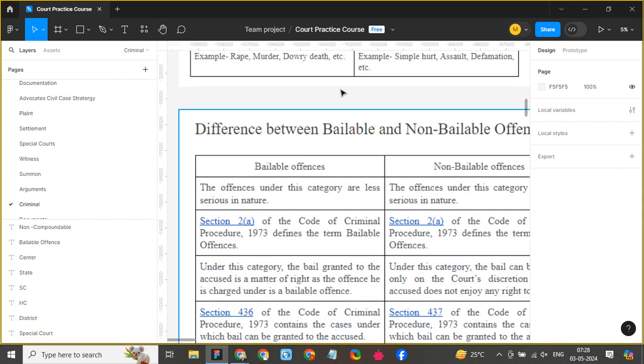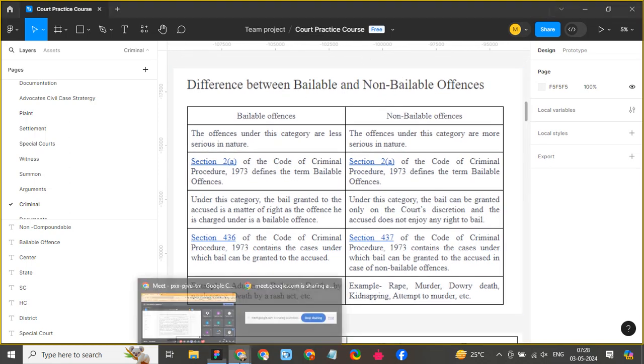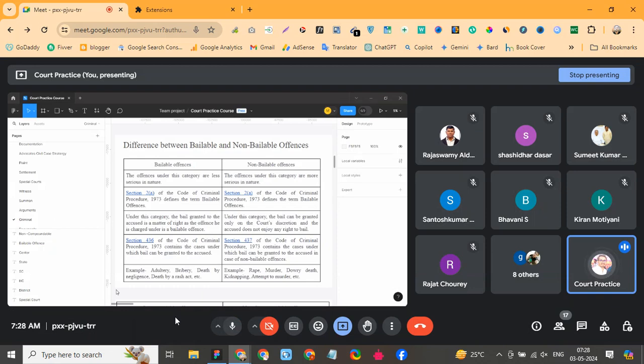The next part, types of offense, talks about what kind of offense it is, whether it is bailable or non-bailable. In a bailable offense, any person who is arrested in that particular offense has a right to get bail from the court.